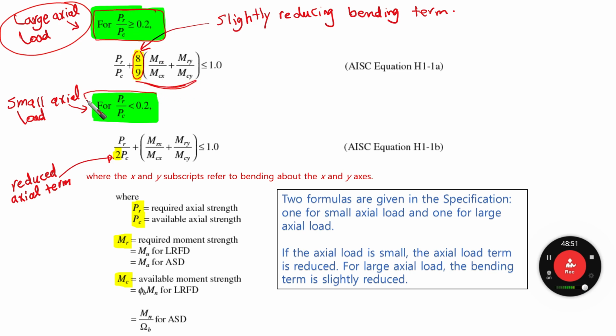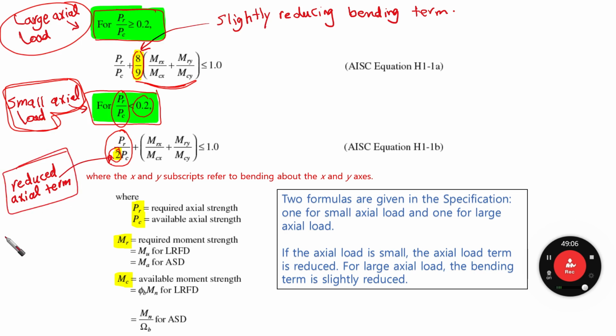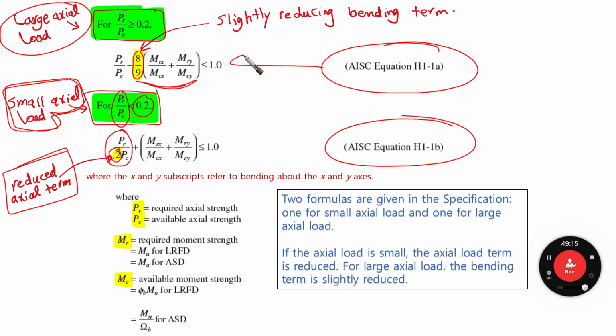If the second case applies, where PR over PC is less than 0.2, the case of small axial load, then we are going to reduce the contribution of axial force by half. So we are going to reduce the axial term. And after that, this is what we have obtained, the two equations in AISC that we're going to use for the interaction equation.